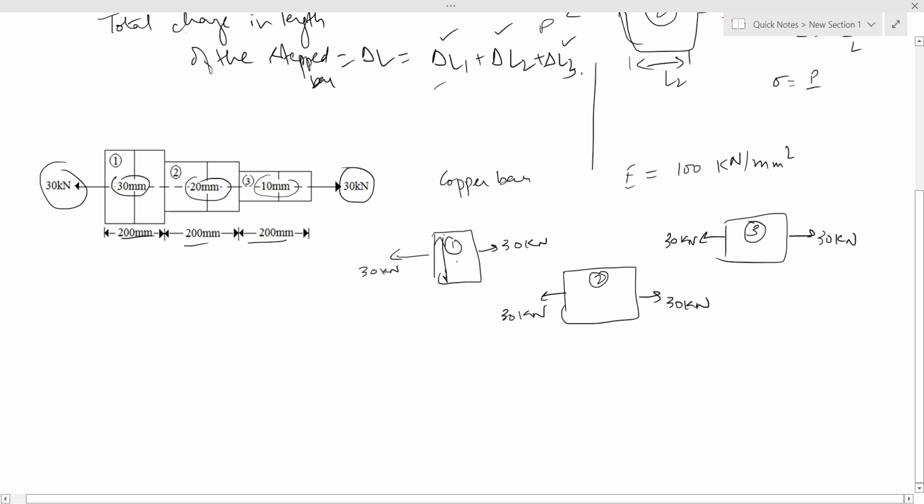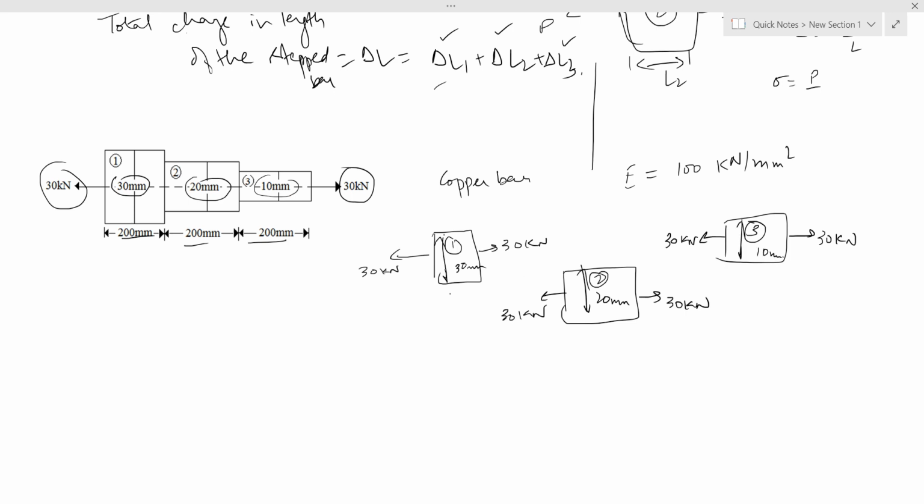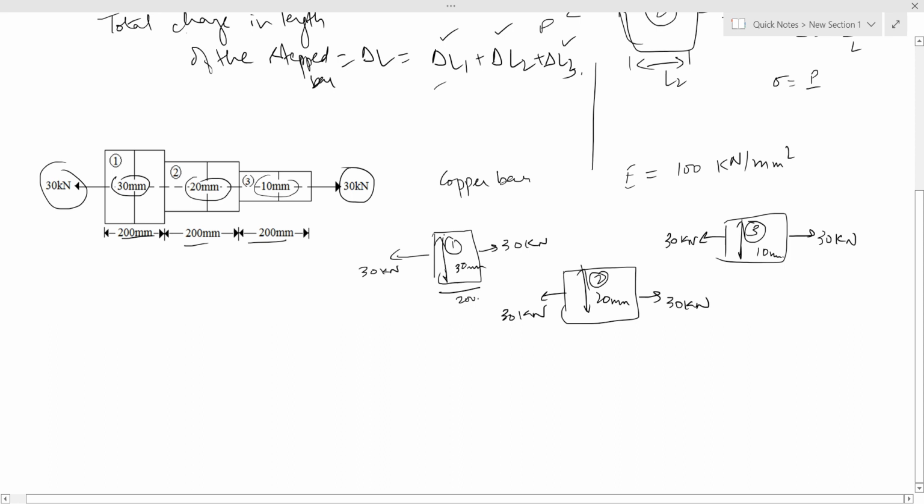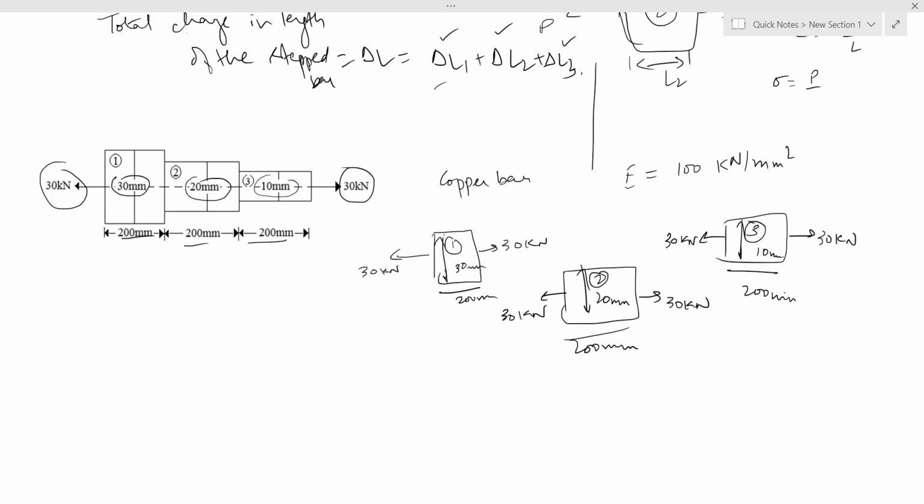Its diameter is 30 mm, its diameter is 20 mm, and its diameter is 10 mm. Length is 200 mm, 200 mm and 200 mm. Now we will solve this numerical.